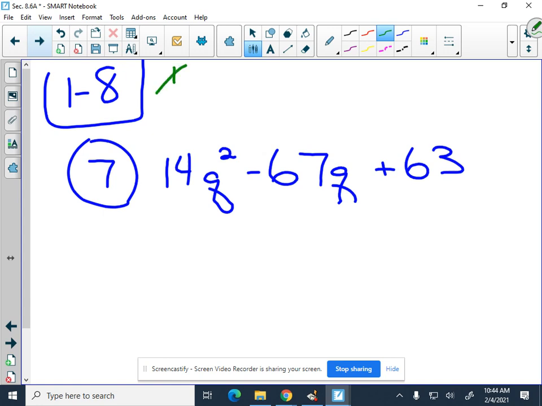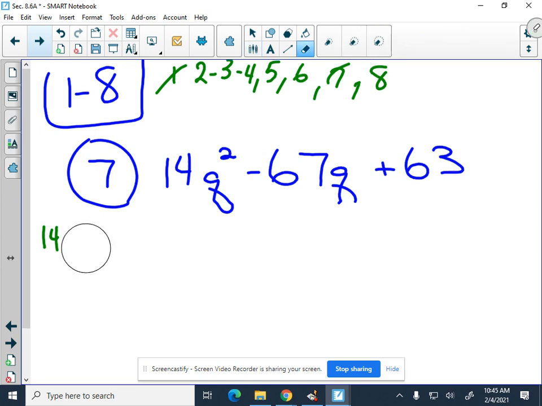We already did number 1. So right now you got 2, 3, 4, 5, 6, 7. We're going to do number 7 and then number 8. If you get done with number 8, that's going to be fine. Okay, but number 7. I'm doing this one because it's the hardest one of the 8 that we're going to do. We have the 14q squared. We're going to break the 14 down.